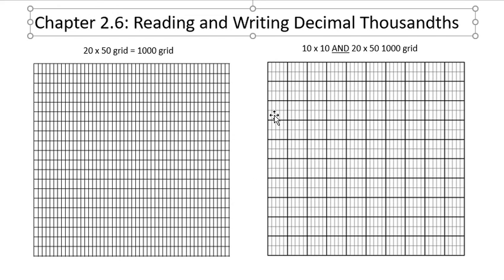And even further, I can call it 100/1000ths because I'd be shading in 100 little rectangles out of a total of 1,000 little rectangles. And it's very easy to see because it's been subdivided this way.